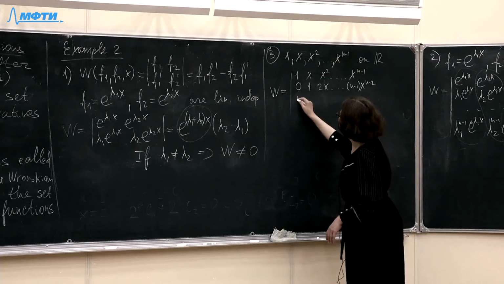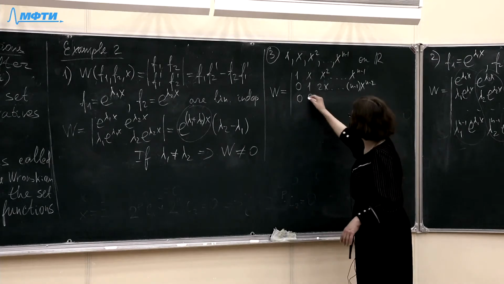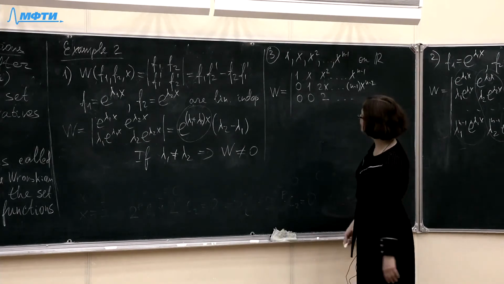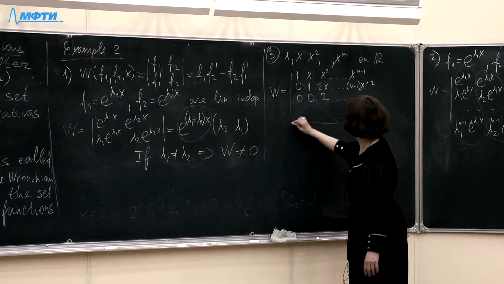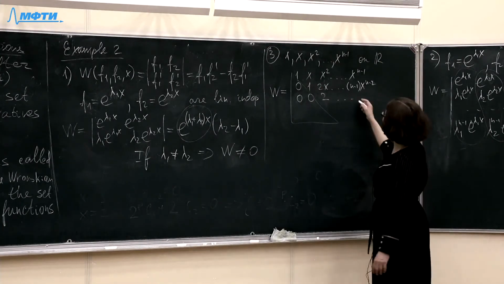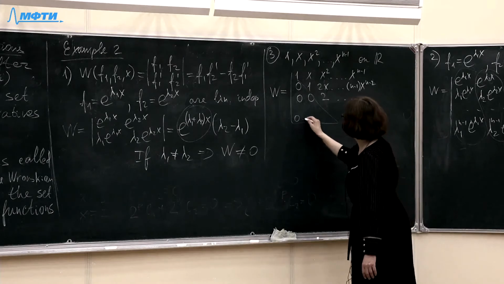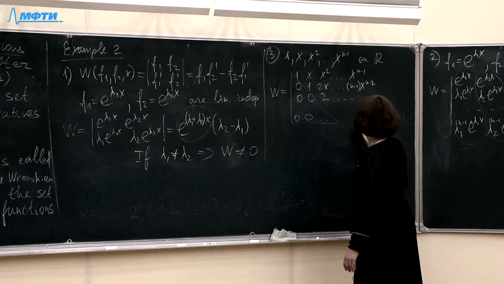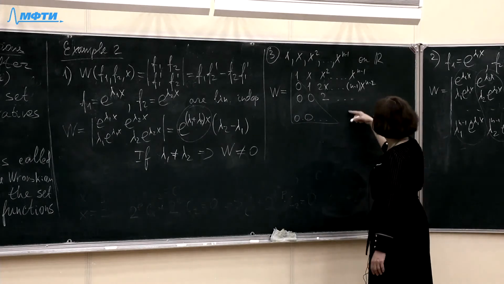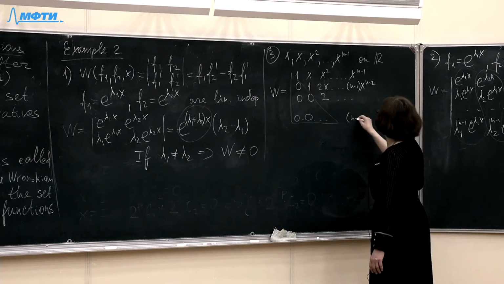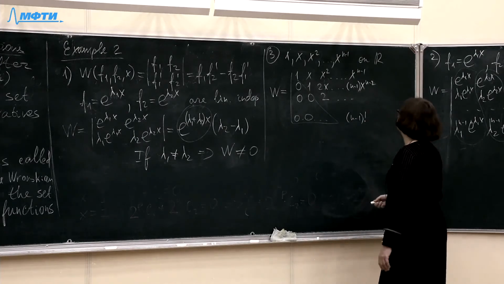Next will be 0, 0, 2, and so on. And the last row will consist of zeros, and the last term will be n minus 1 factorial.